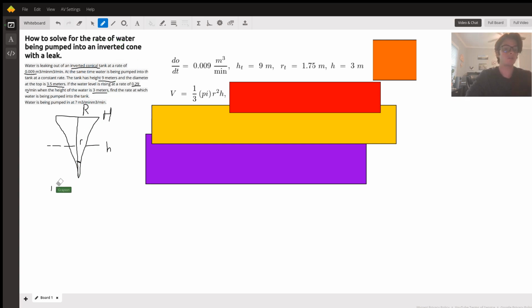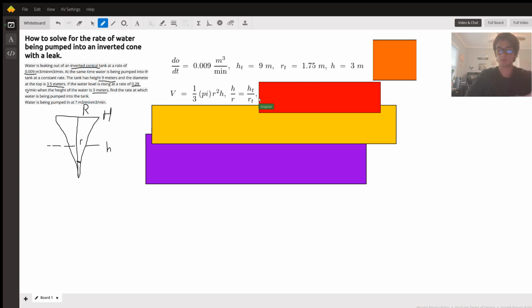We'll relate that through this equation right here. So h being our 3, H being the height of the tank, 9, and R being 1.75 meters.